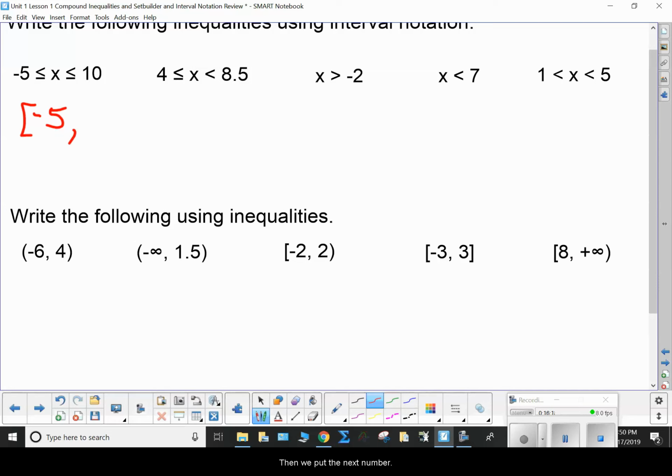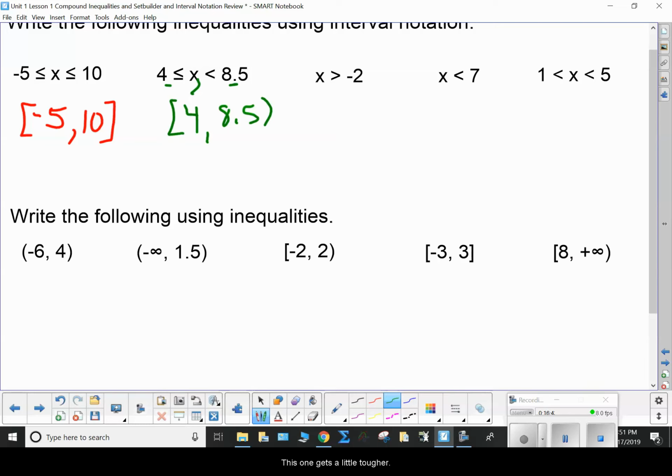Then we put the next number. Then we look at the symbol and decide bracket or parenthesis. It's got an equals, so it's a bracket. Next up, I have 4, 8.5. Essentially, you write the number, a comma, and the number. Then go back and decide bracket or parenthesis.